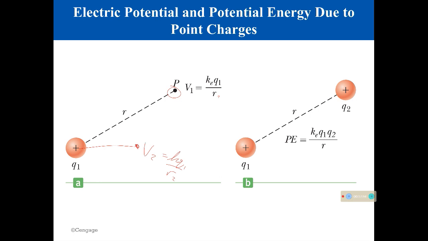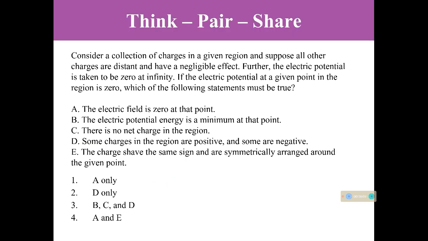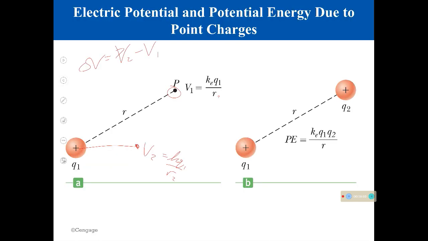Once you have both of them, you find the difference, and this difference is the amount of joules per coulomb if a charge goes between these two particular spots.